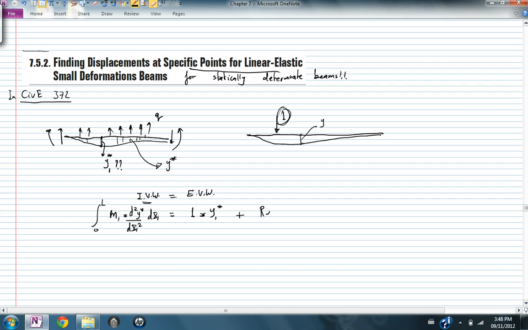plus the reactions multiplied by the corresponding y star at supports, but at the supports y star for this application is 0, so this goes to 0.